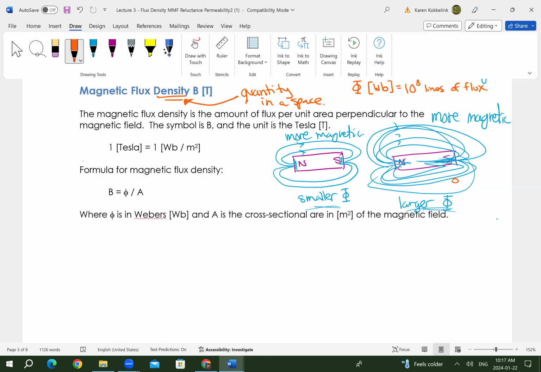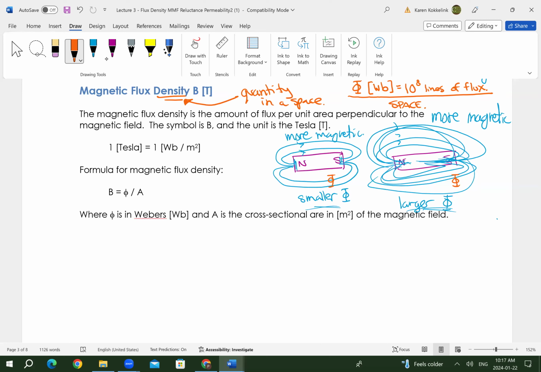I don't see 10 to the 8 flux lines here or here. There are less than 10 to the 8, but it's a quantity in a space. So if I take those lines of flux and put them in a space, the space I'm going to put them in is going to be normalized.